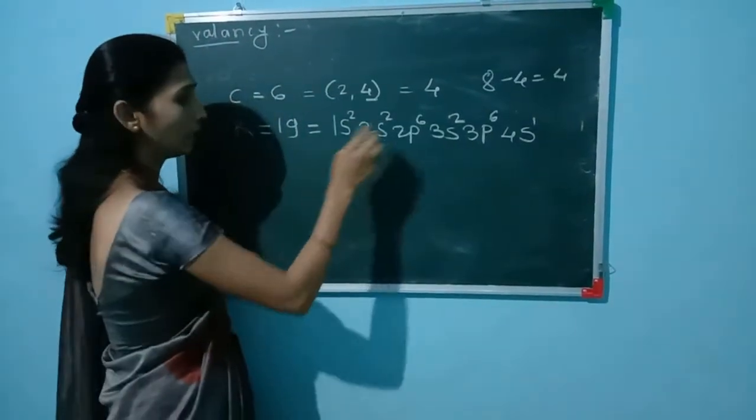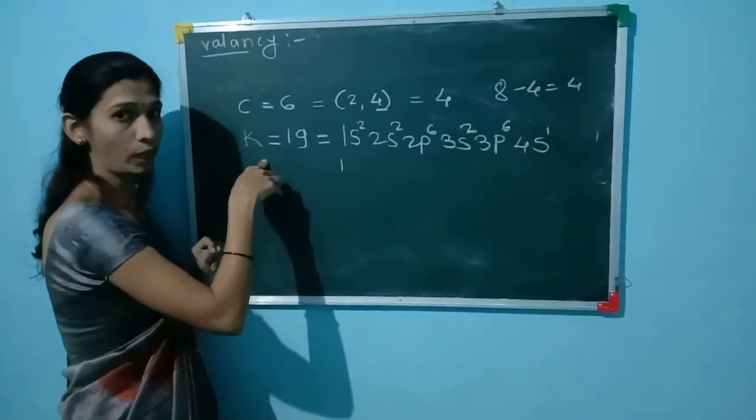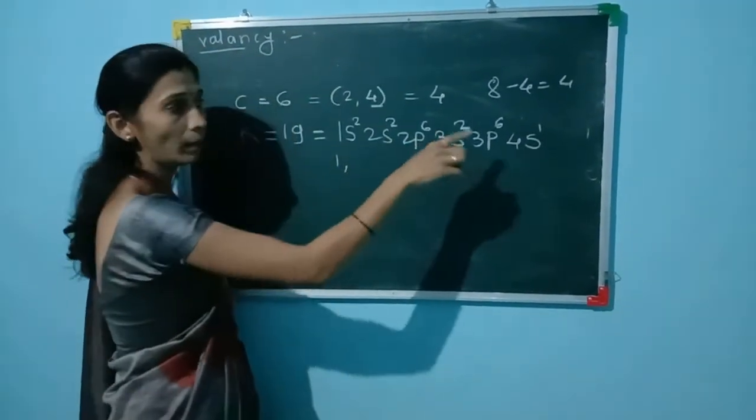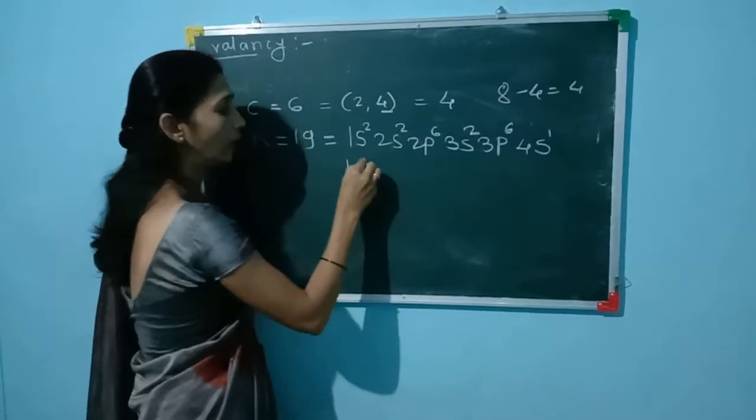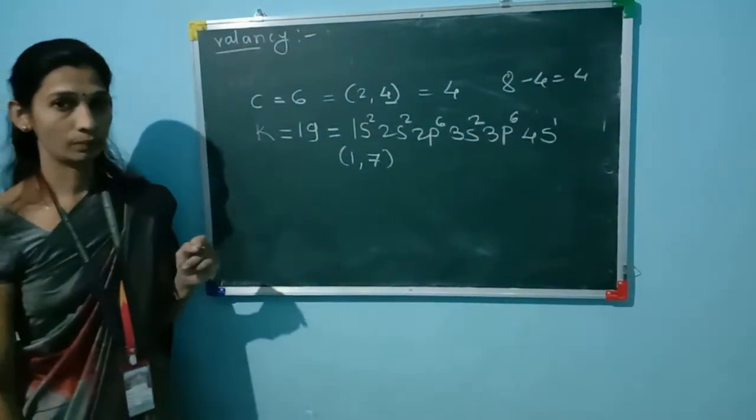The valence electron number is 1, which is also the valency of potassium, or by 8 minus 1 we write 7. It is the valency of the potassium.